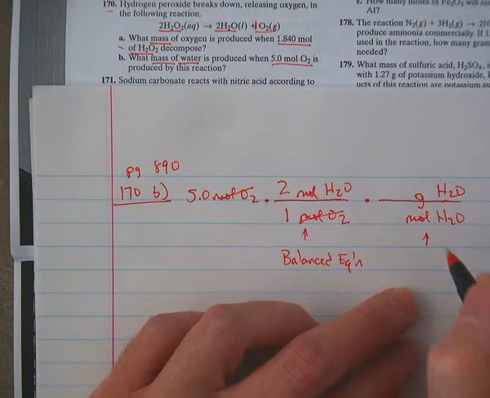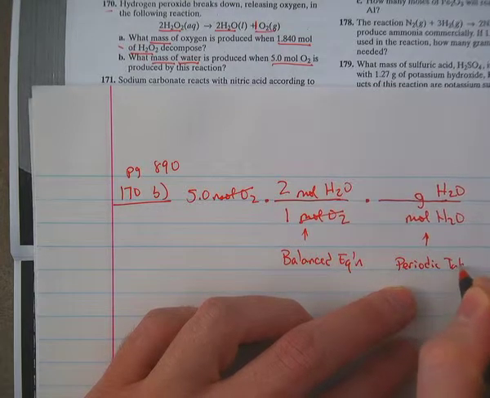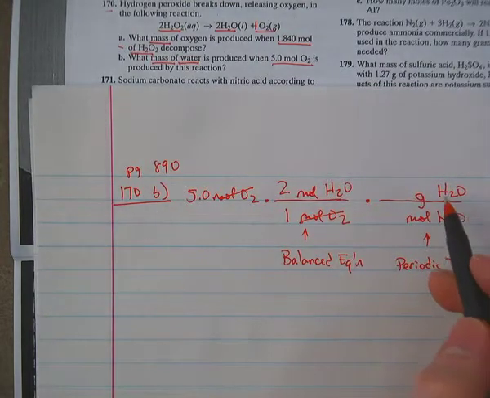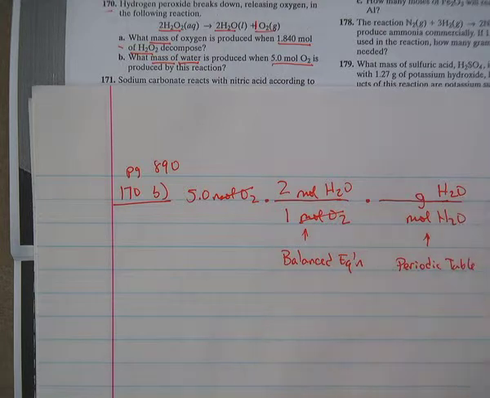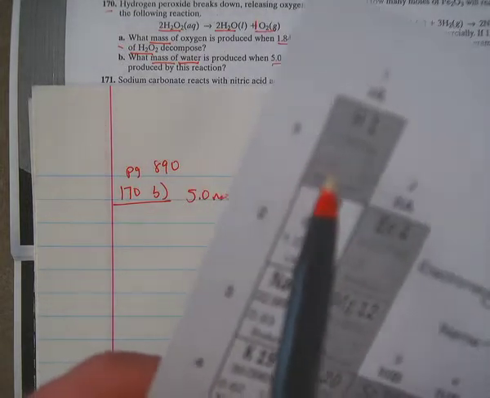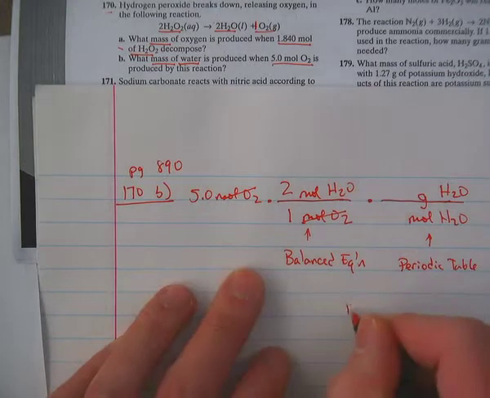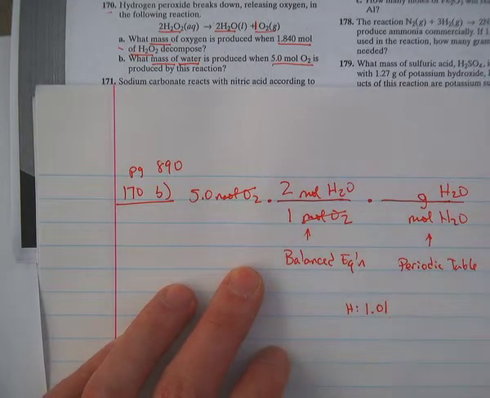Where do I look to do this conversion? That's going to be on my periodic table. I have to look up the mass of hydrogen and oxygen and add them together. So let's see, as I look this up on here, hydrogen, well, that looks like it's about, oh, that's really blurry. You guys aren't going to be able to make that out. Turns out hydrogen has a mass of 1.01, and oxygen has a mass of 16.